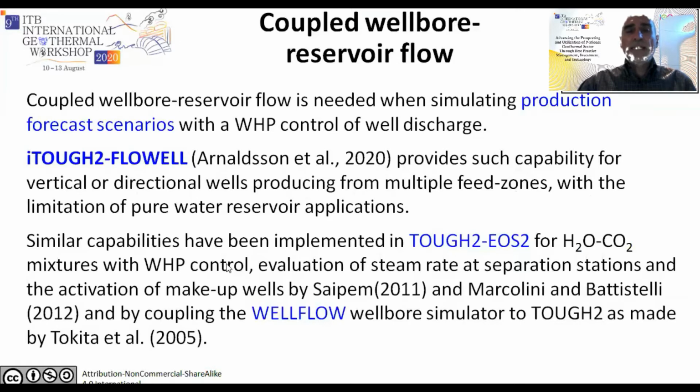Similar capabilities have also been implemented in TOUGH2 EWASG for H2O-CO2 mixtures, with wellhead pressure control, evaluation of steam rate at the separation station, and the activation of makeup wells. This has been done by Marcolini and Battistelli in 2012. And also, these capabilities are available in a TOUGH2 version in which the wellbore simulator has been coupled.